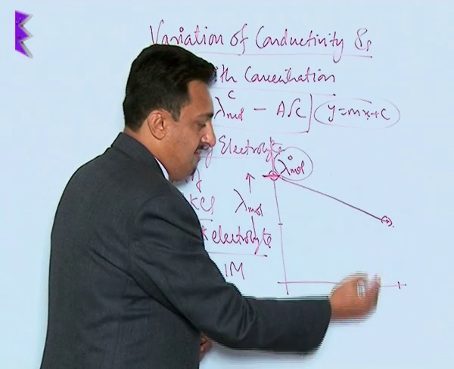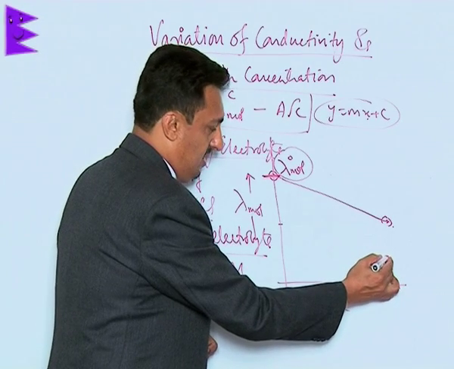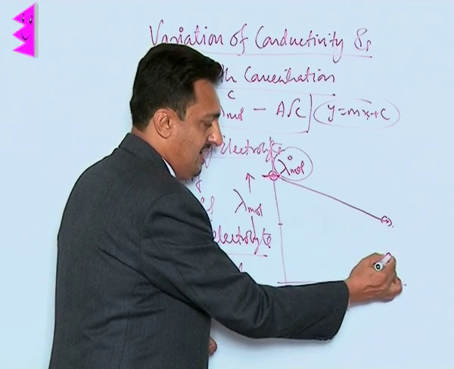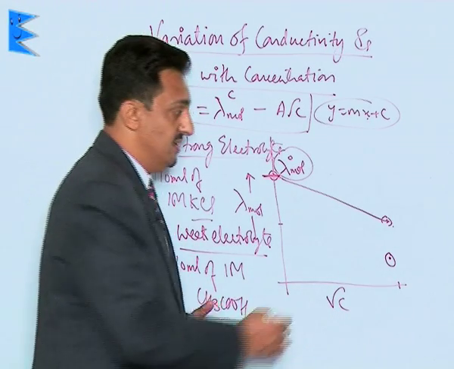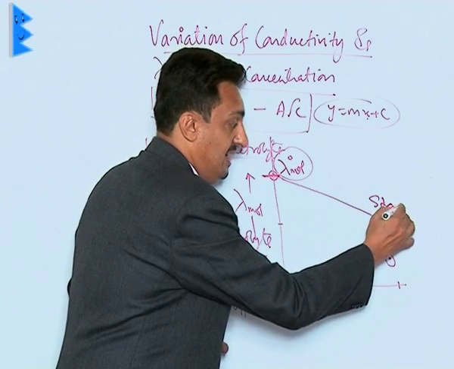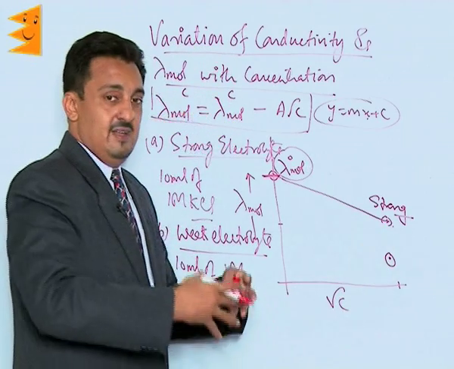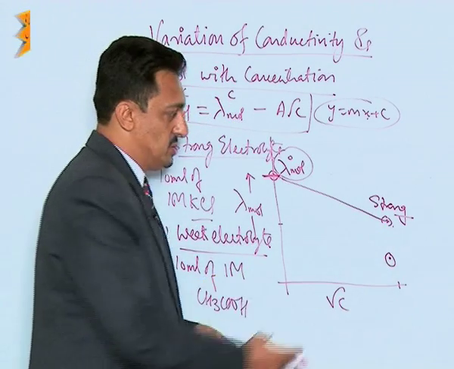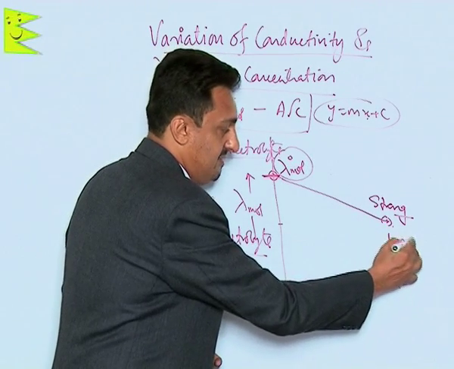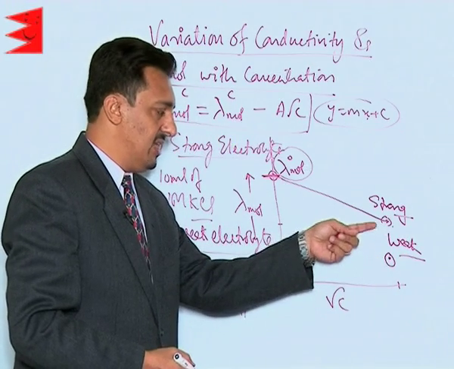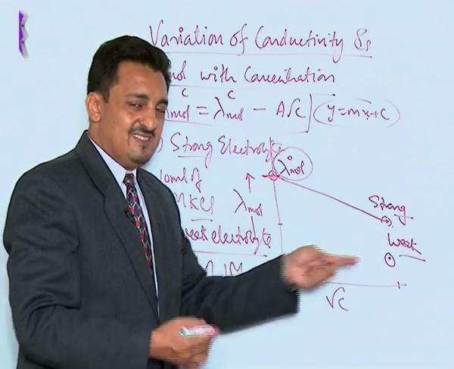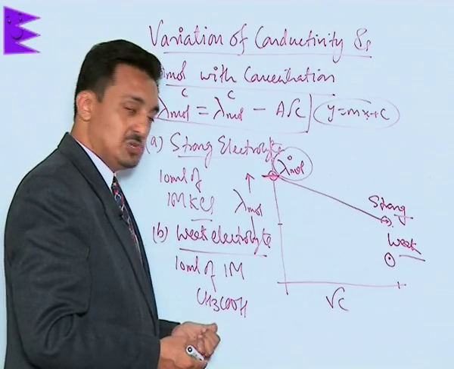Now the same acetic acid at 1 molar concentration will have a far lesser molar conductance than the usual strong electrolyte. Why? Because it's a weak electrolyte. Weak electrolyte means it doesn't dissociate completely. So the molar conductance is already a lower value, that is why it is placed here.